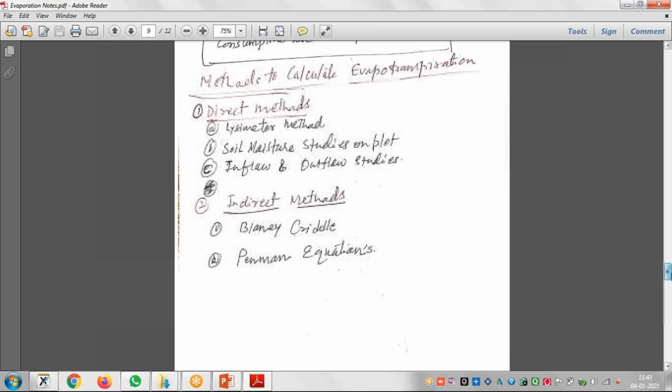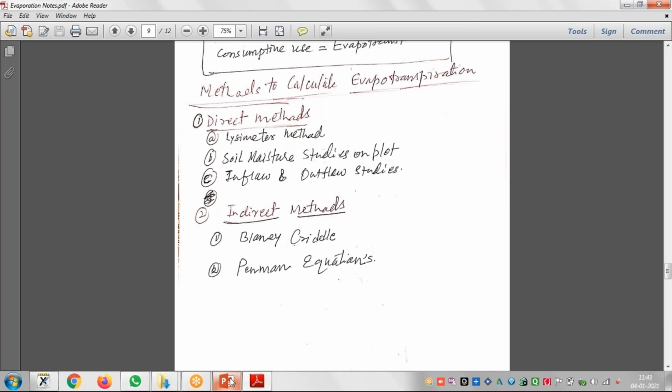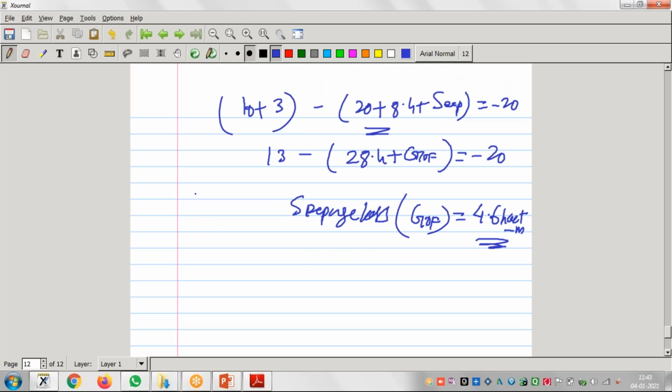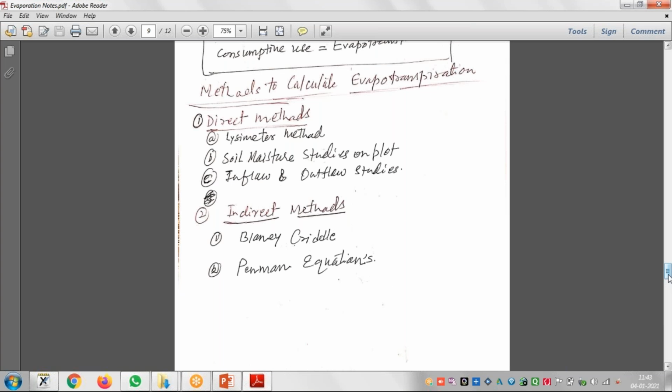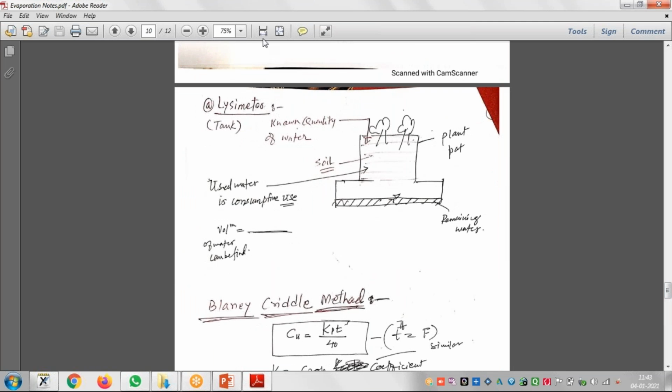So we will see it. What is the first one? The lysimeter method. I think it is better to explain it here. We take one small plant in soil, and below that plant we keep some pan.